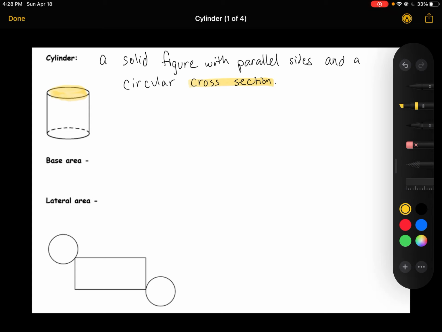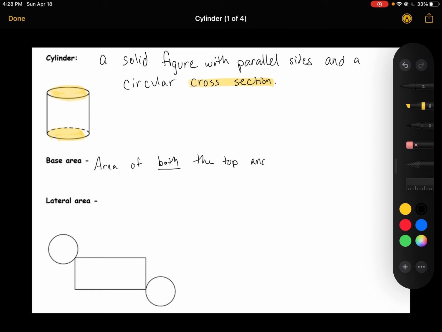What cross section means is basically what is the shape of your base. If you took a slice out of this, what would your slice look like? We'd have a circle, which is why we call it that. So for a cylinder specifically, top and bottom, we're going to see some nice circles, sometimes ovals, but mostly circles.